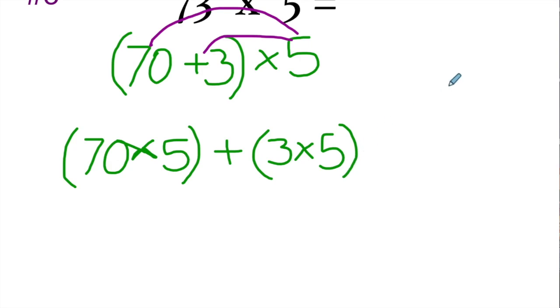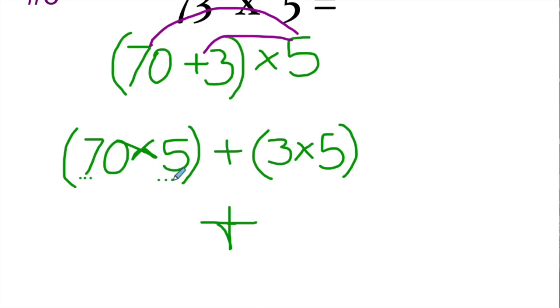Now that you have those two numbers, 70 times 5, 3 times 5, we now need to go and solve for each. So think to yourself, what is 70 times 5? Base fact. 7 times 5.